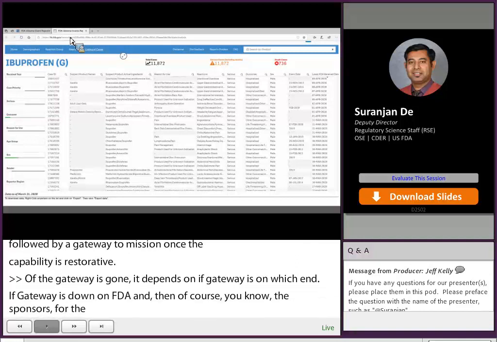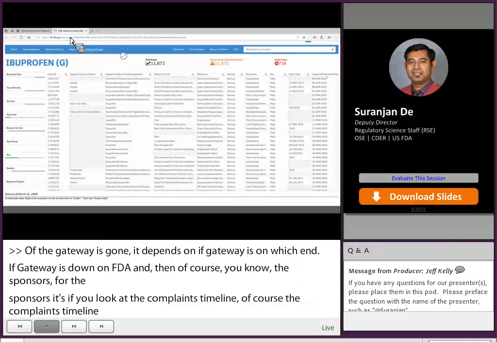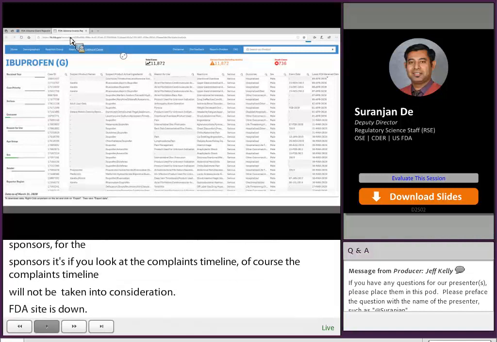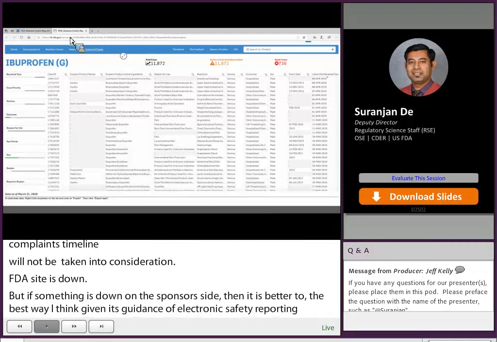But if something is down on the sponsor side, then the best way, as given in the guidance of the electronic safety reporting rule, is that if you're submitting E2Bs, you could burn the XMLs into a CD and send that CD to us so that we can upload the XML files.